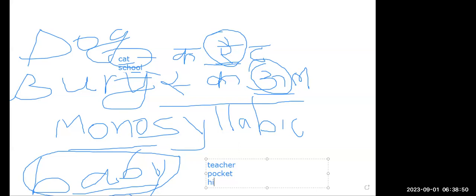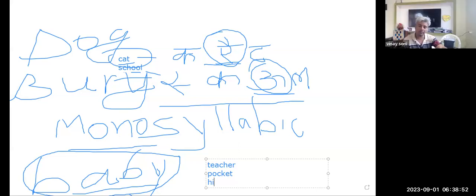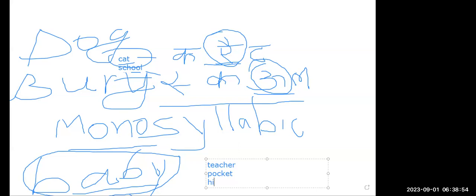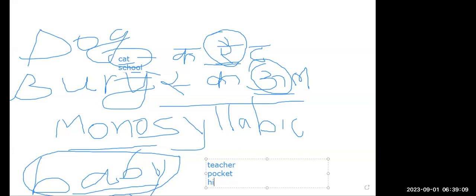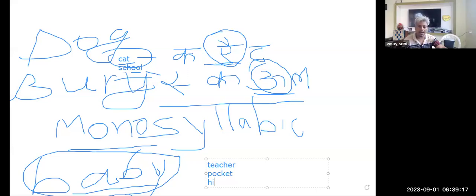Okay, how many vowel sounds do you think it has? Two, sir. Which two, Praful? A and E, I. Well tried, Praful. Other people, how many vowel sounds does hi have?